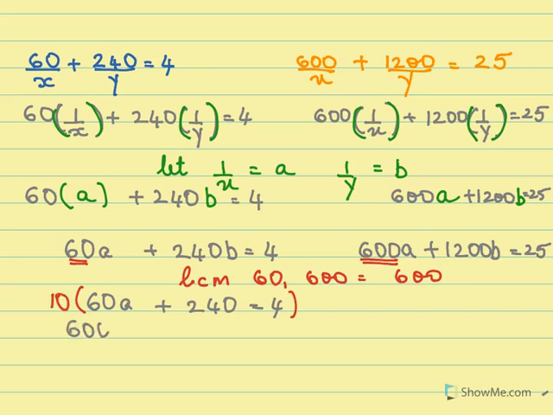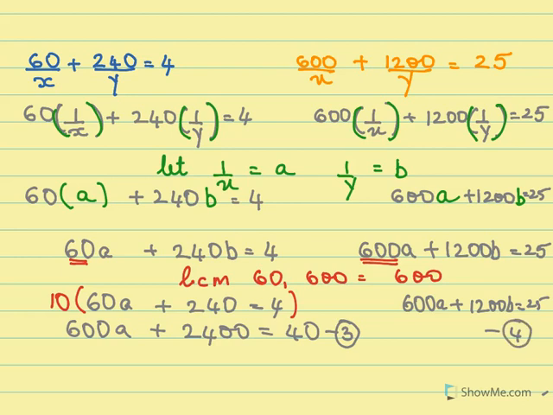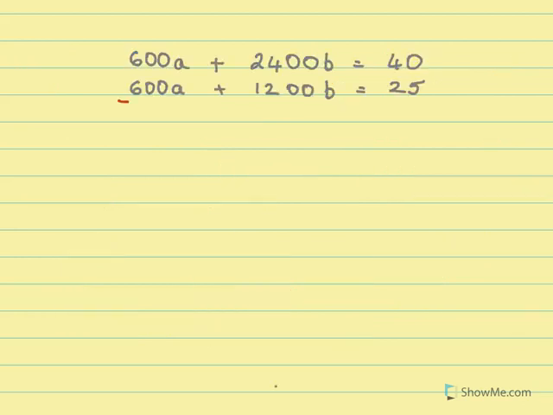So on multiplying, I'll get 600a plus 2400b equal to 40. I write this as equation 3. And this equation I do not change because it is already 600a plus 1200b equal to 25. This is equation 4. So now we'll subtract, we'll change the signs.